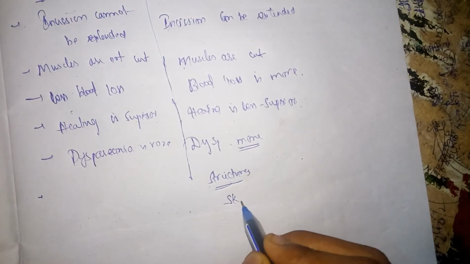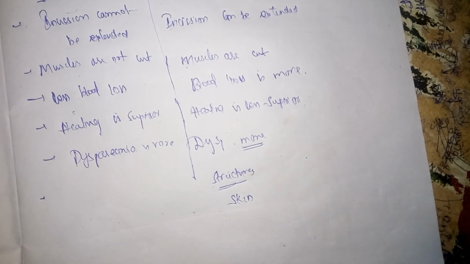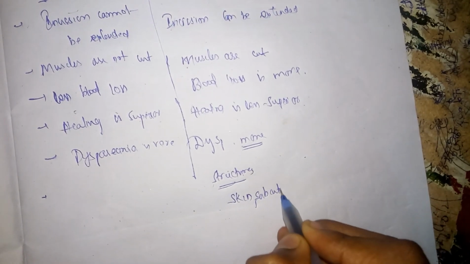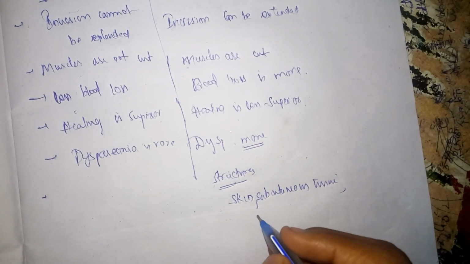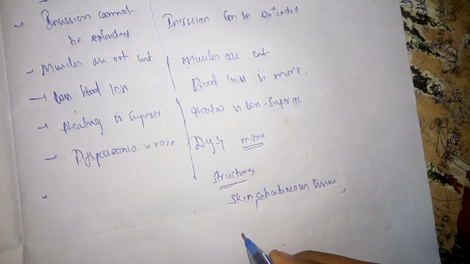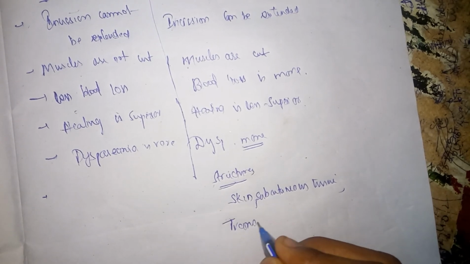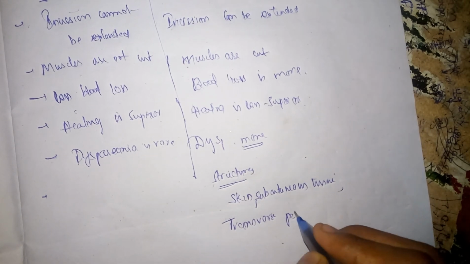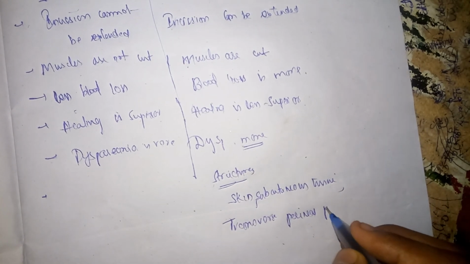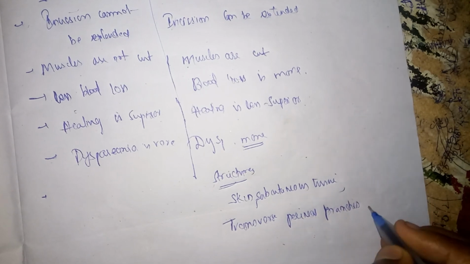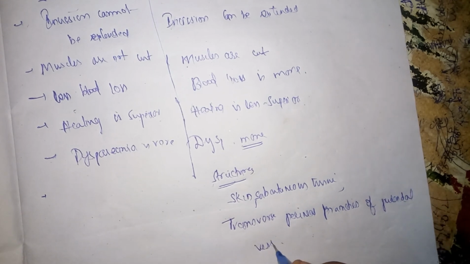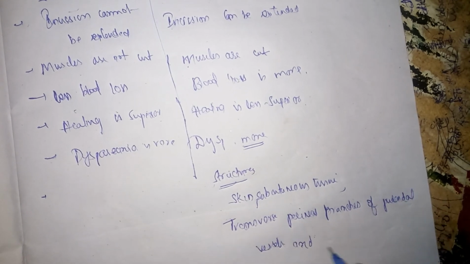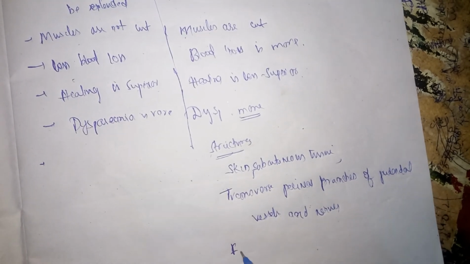One is skin, subcutaneous tissue, transverse perineal branches of pudendal vessels and nerves, and fascia covering.